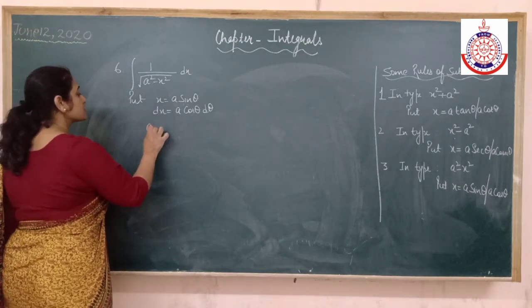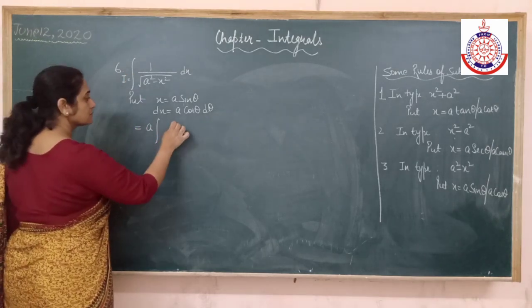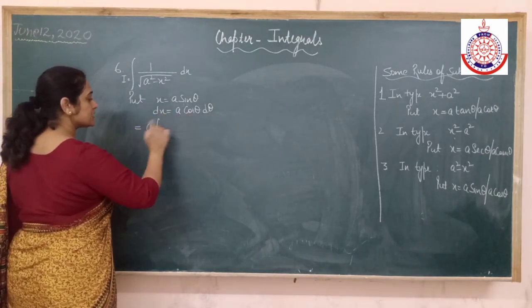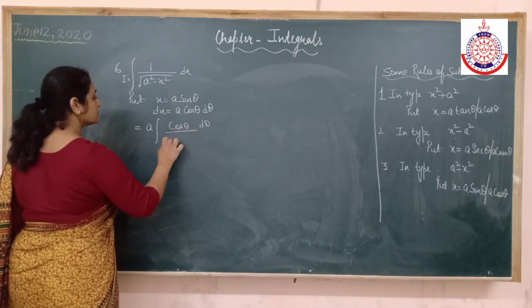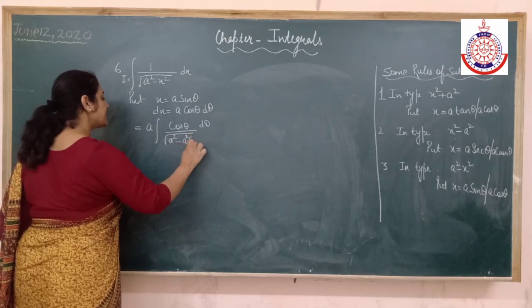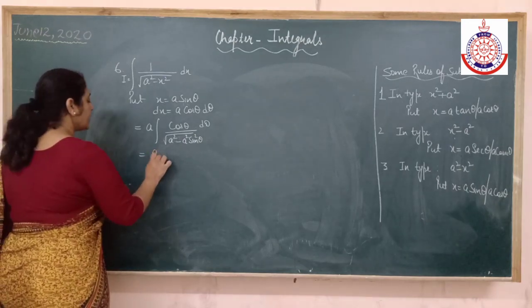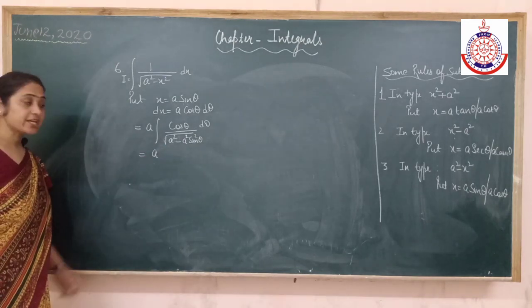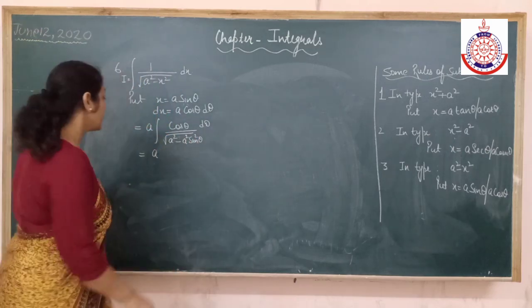So put the values. Dx is a cos theta, a I have taken out. In place of x, I will put a sine theta, so it will become a square sine square theta. Fine. A will go out of the under root, a square if I take common, when it goes out of the under root, it becomes a.